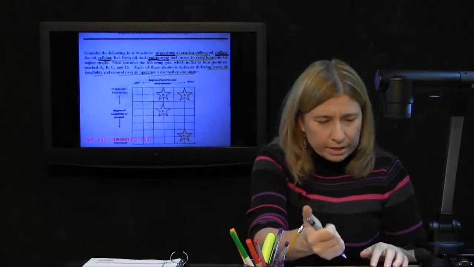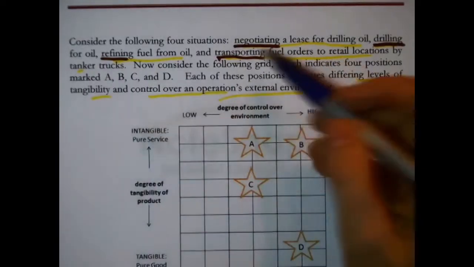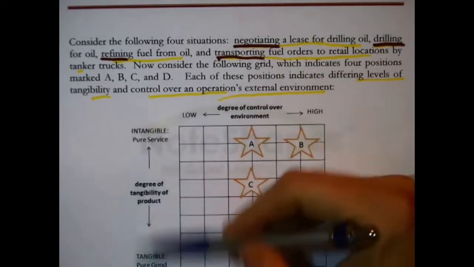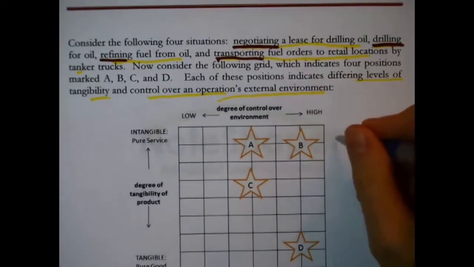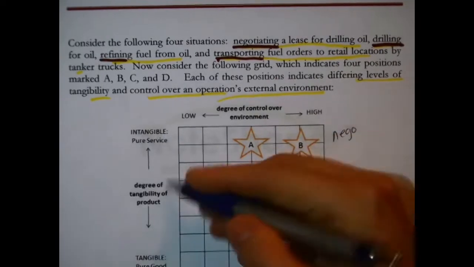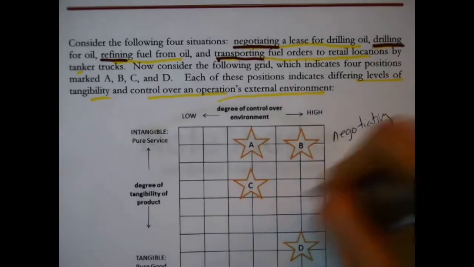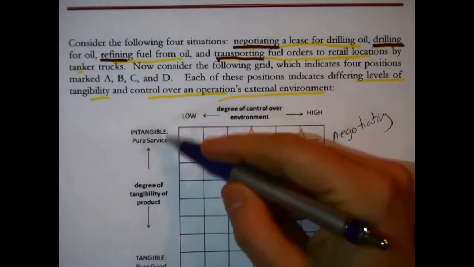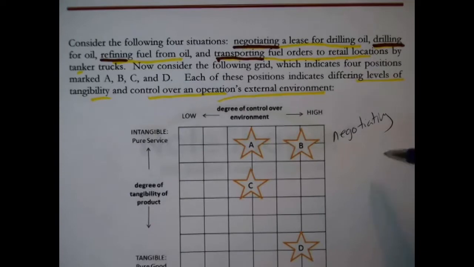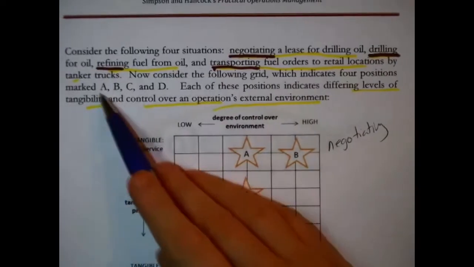I'm sort of pre-processing this list. That means that negotiating, I would expect to be very close to the top. I'm not saying which one of the points it is, I'm just saying it's a good example of a pure service. It's going to be pretty close to the top, as opposed to drilling for oil.